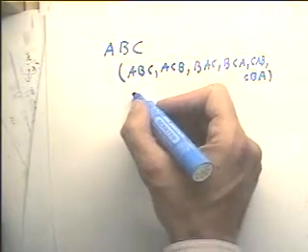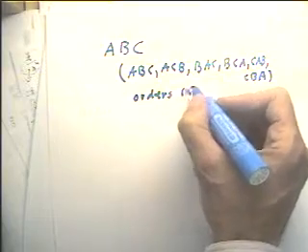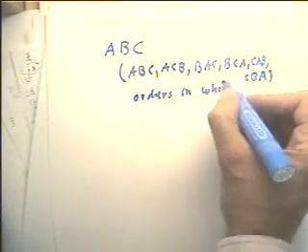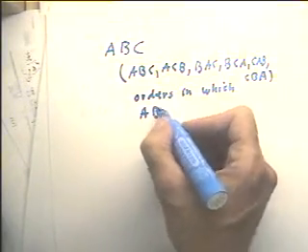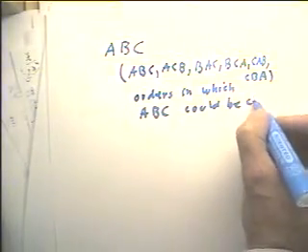So these are the orders in which A, B, C could be chosen.